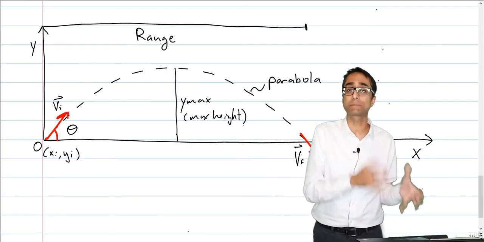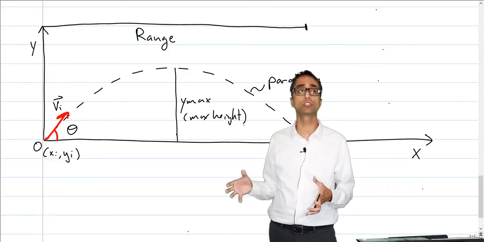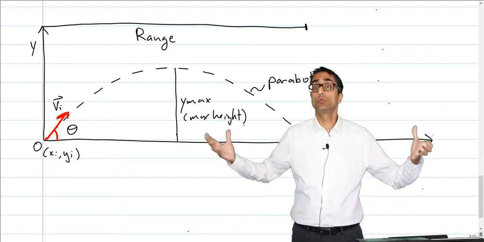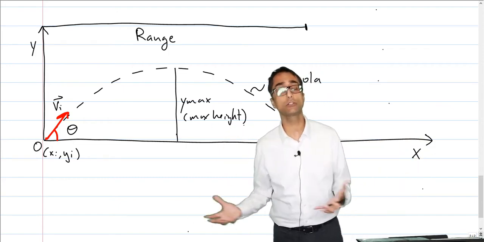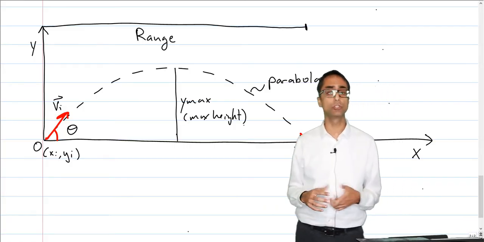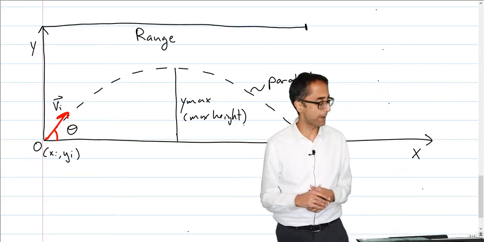That's a very, very specific type of projectile motion, and it doesn't allow us to universally talk about all types of projectile motion, which is what I want us to be able to do. But so we'll start with this and then we'll get more general.